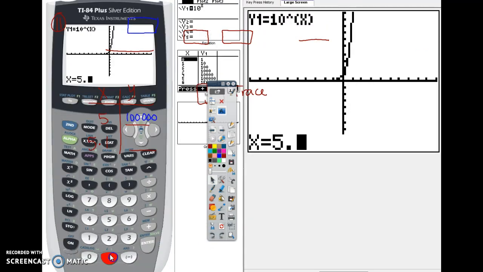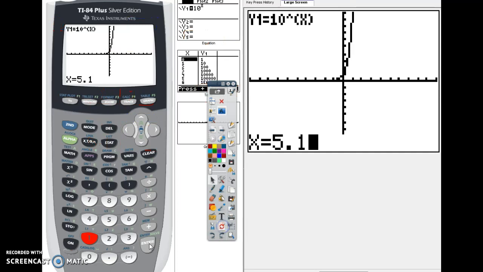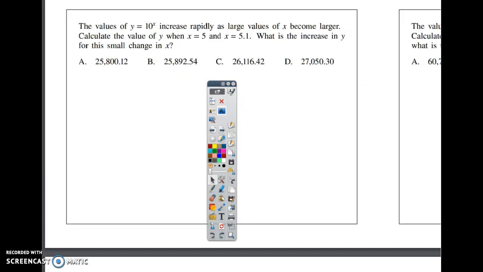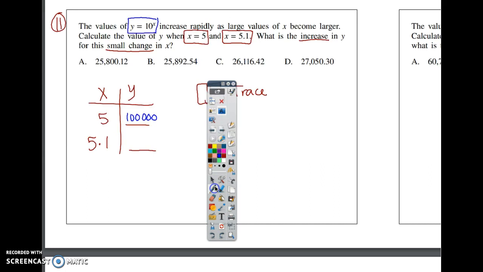Look at the number that it gave me. It gave me 125,892. Let's write that down on our table. 1, 2, 5, 8, 9, 2. And don't worry about the decimal.